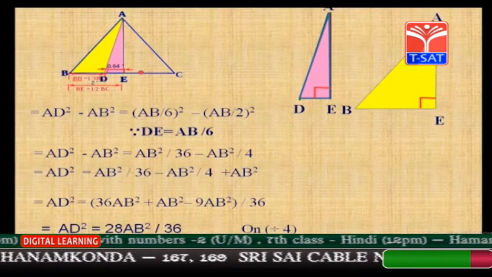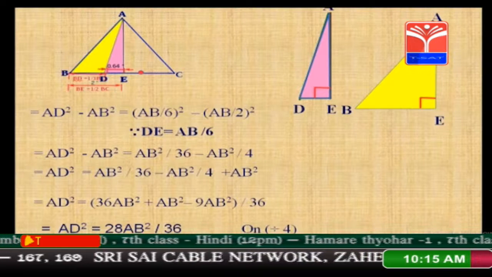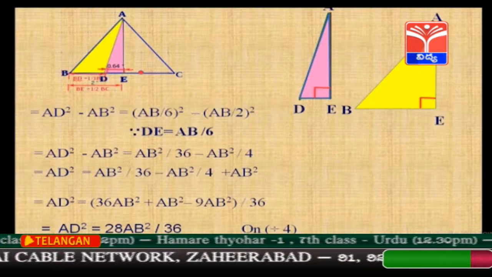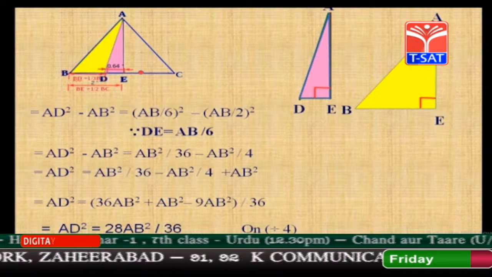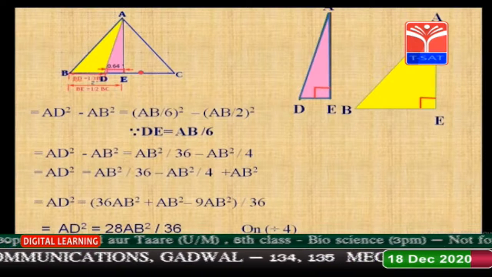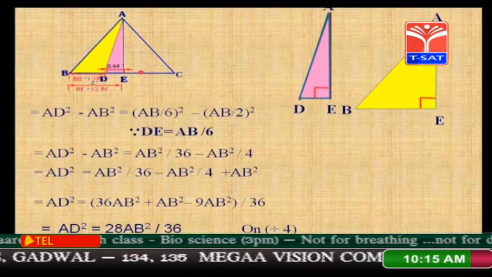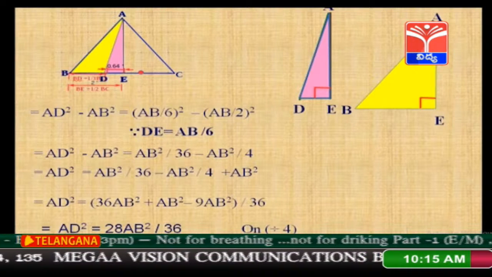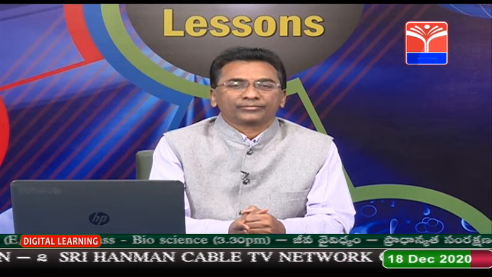See here, by dividing, 4 7s are 28, 4 9s are 36, and it became 7 by 9. Cross multiplying, we proved 9 AD square is equal to 7 AB square. Hence, it is proved.